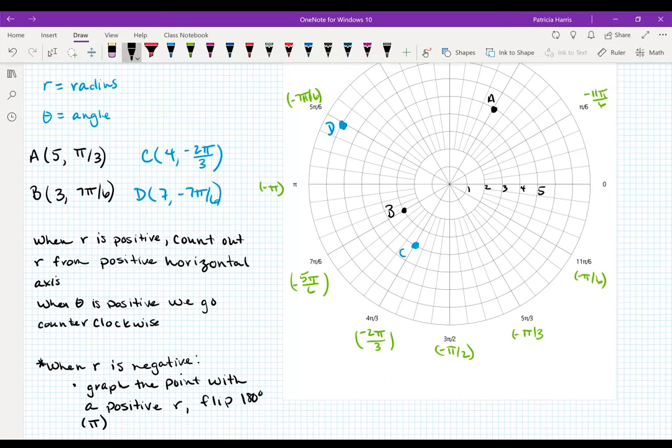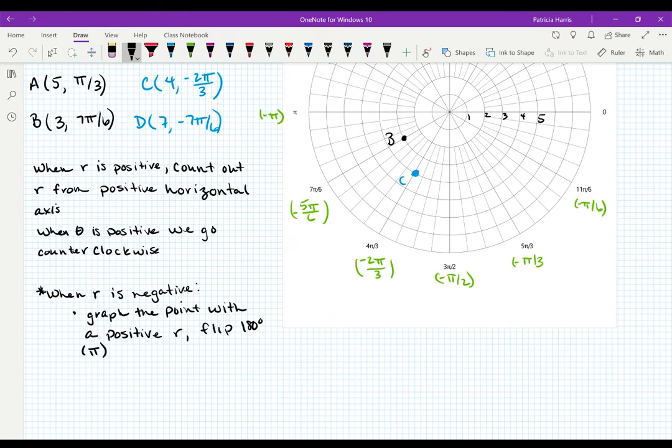So you graph your point and then you flip it across the line. And the second is to count the radius from the negative horizontal axis, and then count your angle from there.